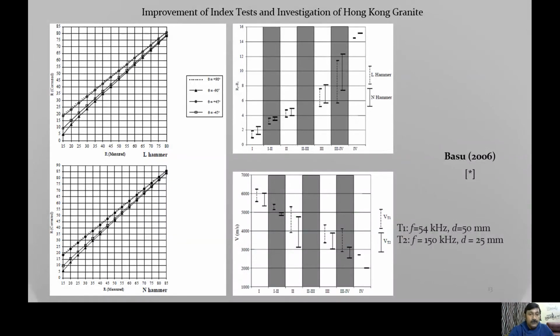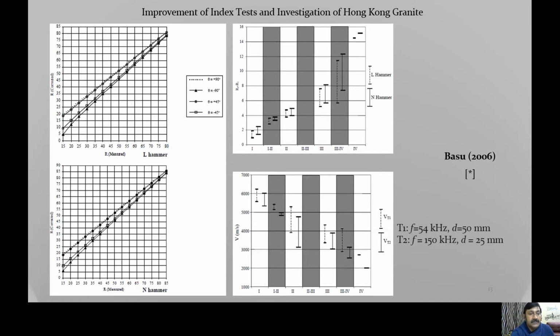This is the corresponding chart for the normalization. Although this chart is shown for only four standard directions of application of rebound values, for any direction of application, the rebound value can be normalized in the horizontal direction.